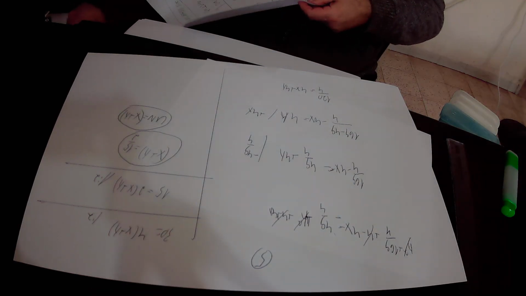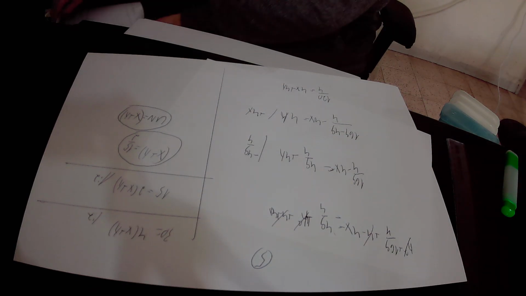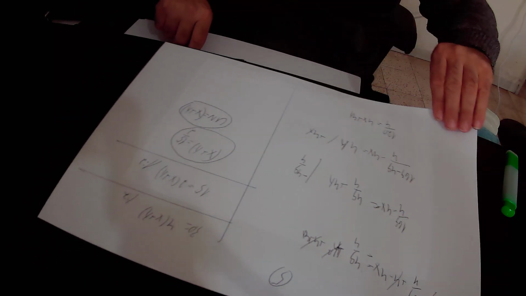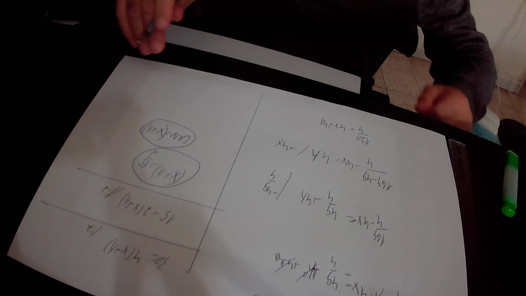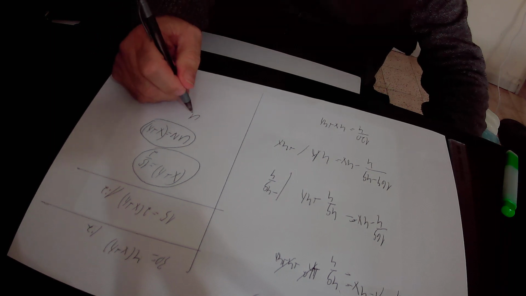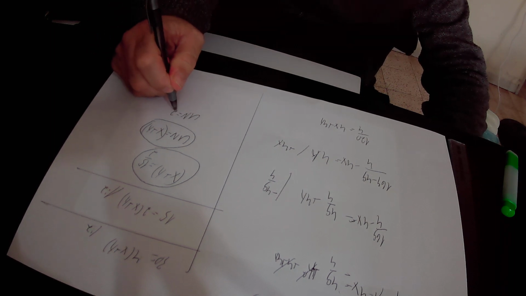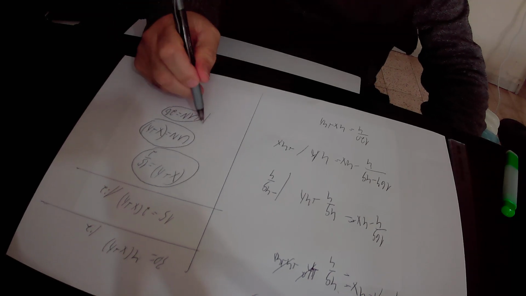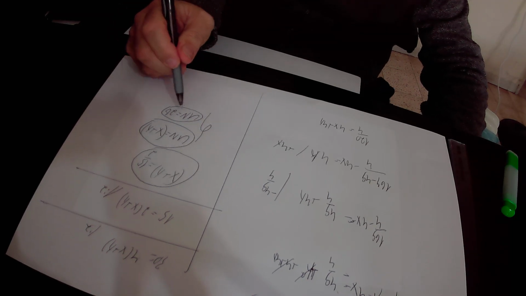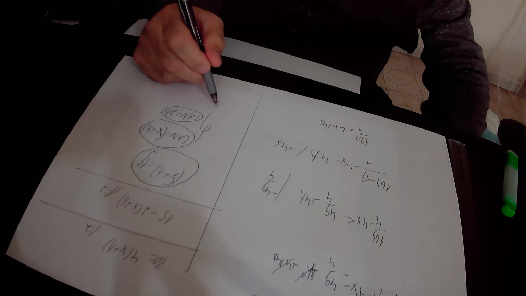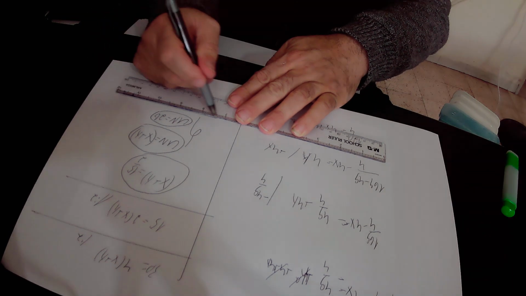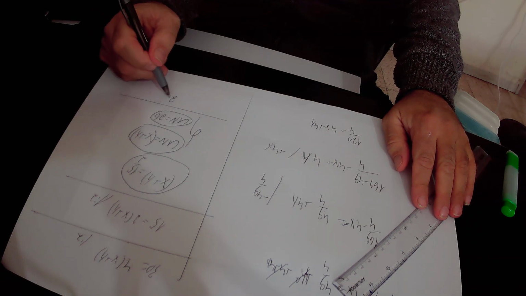So we're going to get that UN equals 2b. And from those two equations, UN equals x plus h and UN equals 2b, we derive that 2b equals x plus h.